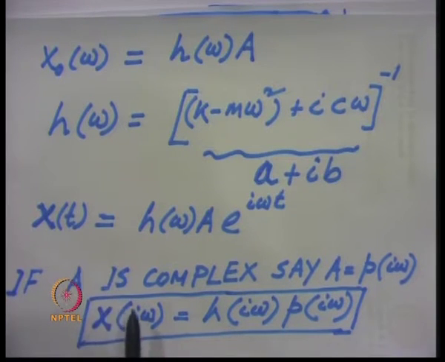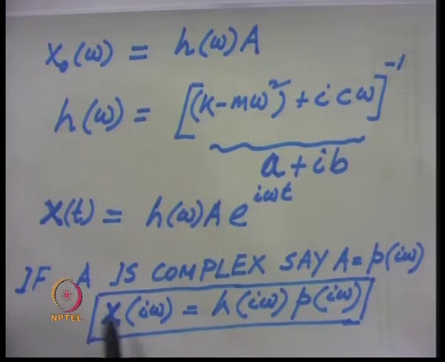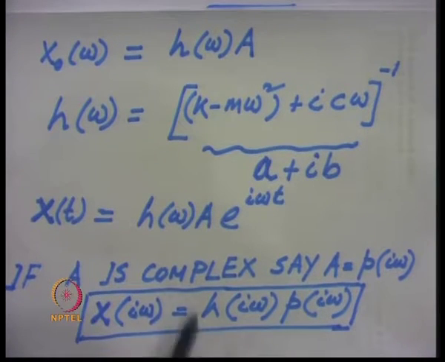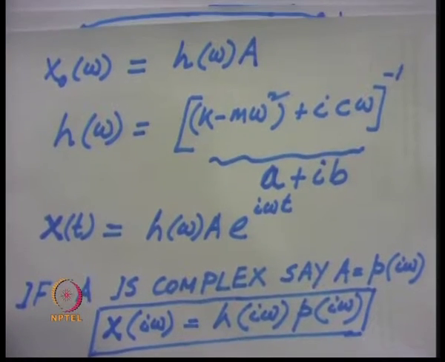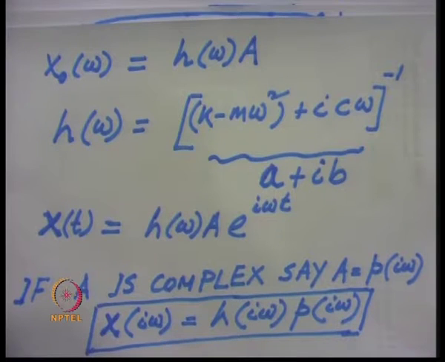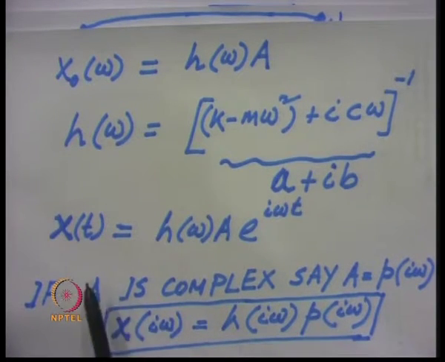So, the technique is that to get the value of response at time t, we first find out h omega, which is known as the complex frequency response function of the system, and once it is known, then one can obtain the value of the response by this equation.